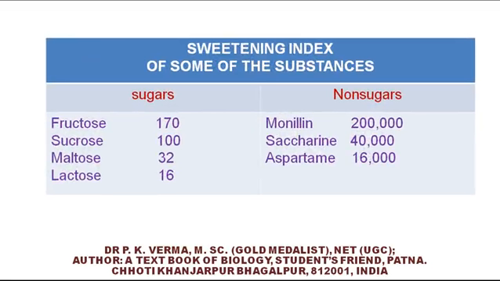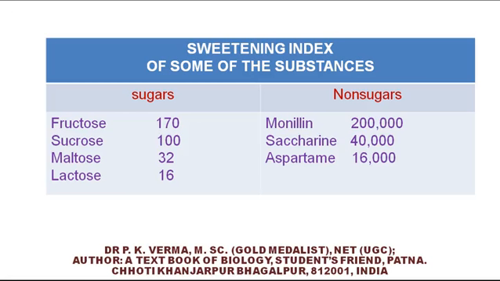The true sugar, fructose, is the sweetest sugar. 170 unit sweetness is there. The common sucrose is regarded as 100% sweet. Maltose is less sweet and lactose is very less sweet. On the other hand, synthetic compounds like aspartame is 160 times more sweet than common sugar.